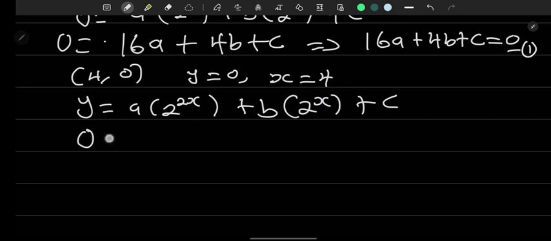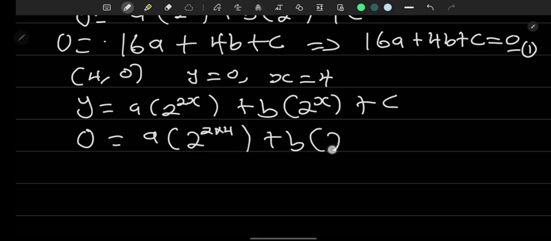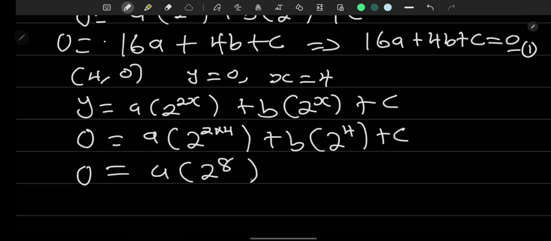So you have 0 equals a(2^(2 times 4)) plus b(2^4) plus c, which is 0 equals a(2^8) plus b(2^4) plus c.